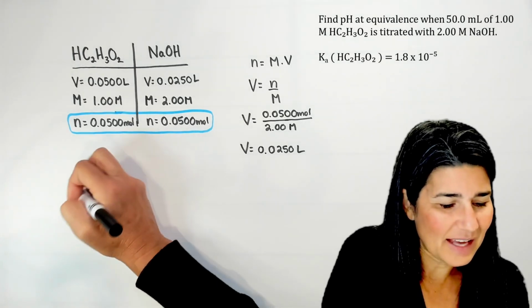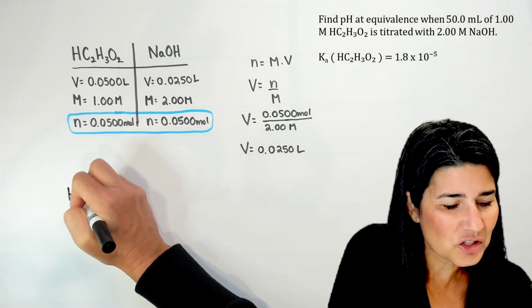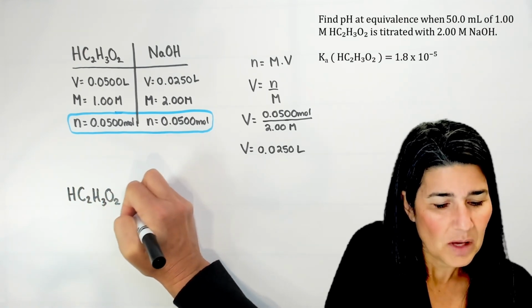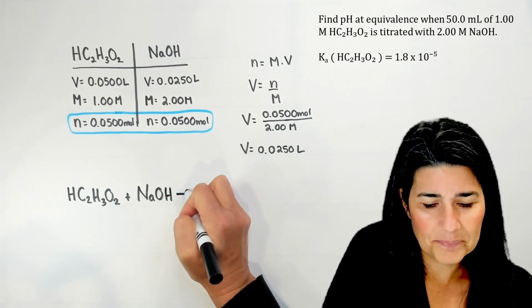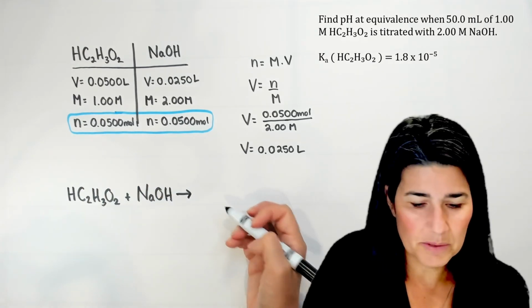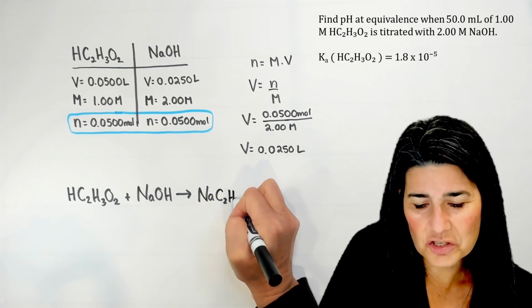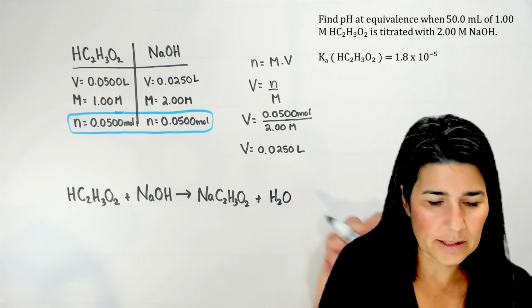I'm going to write my reaction. My reaction is between HC2H3O2. We're going to react that with our sodium hydroxide. When we do our double replacement reaction, we get NaC2H3O2, and we're going to get some water.